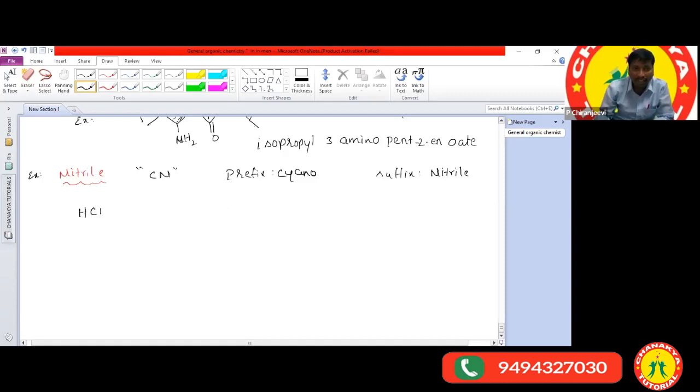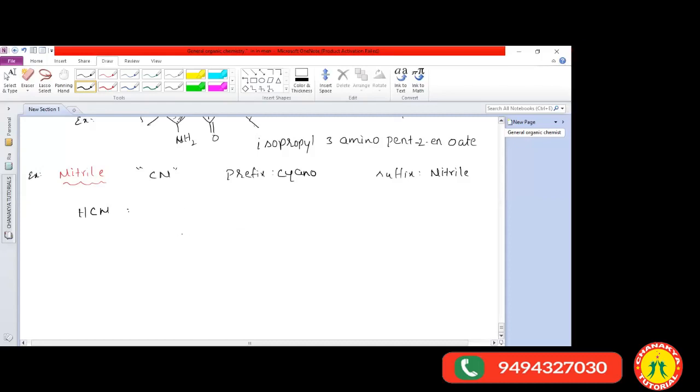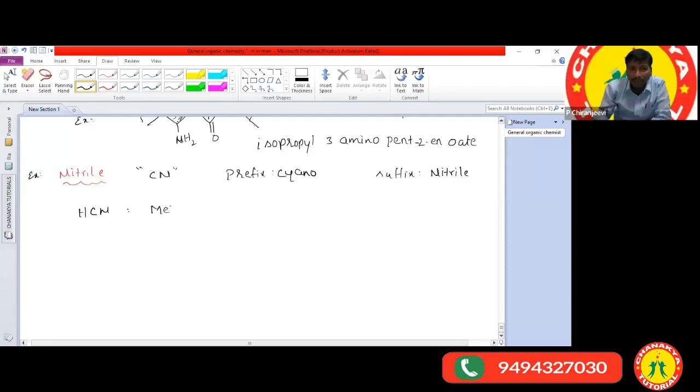HCN. What is the IUPAC name of this one? How many carbon atoms are there in the given structure? 1. So 1 means root word meth. Given compound is saturated or unsaturated?